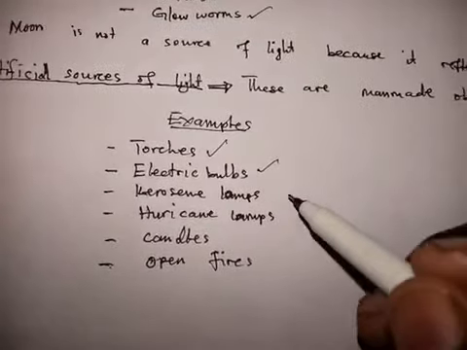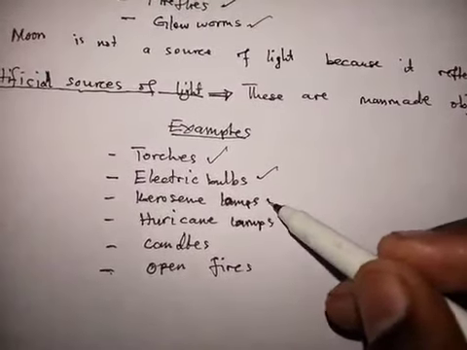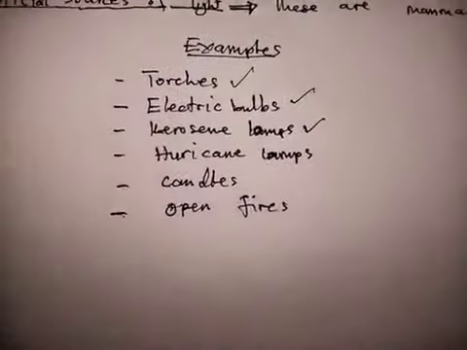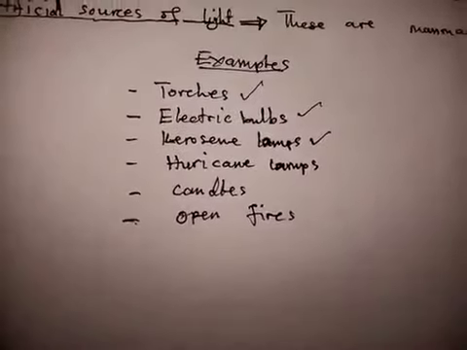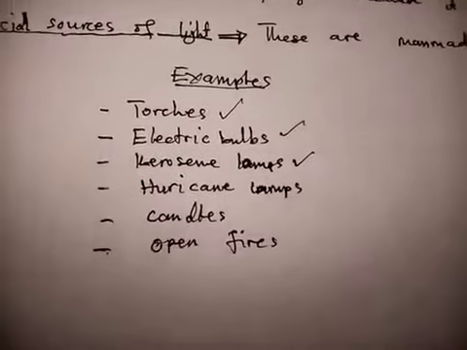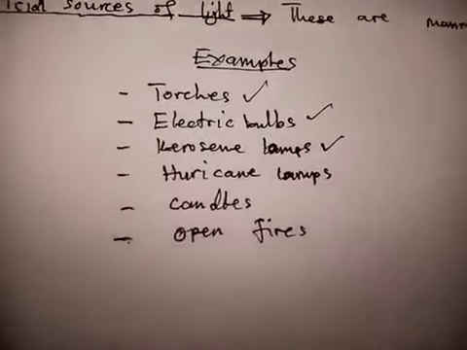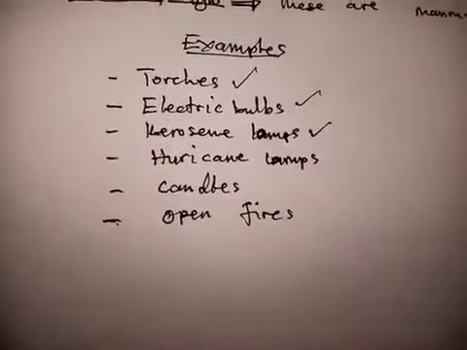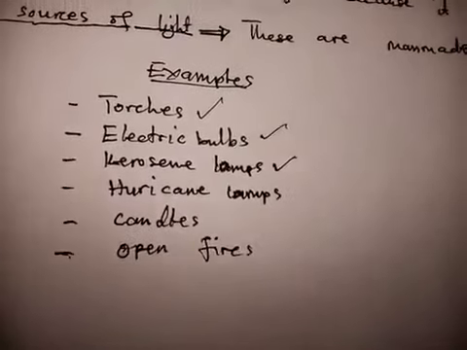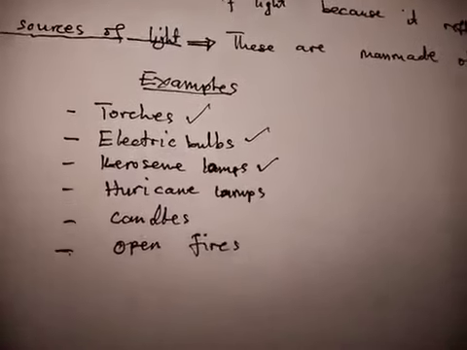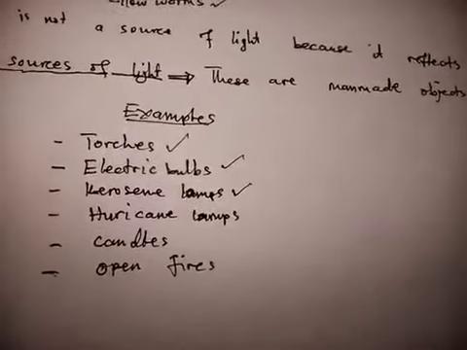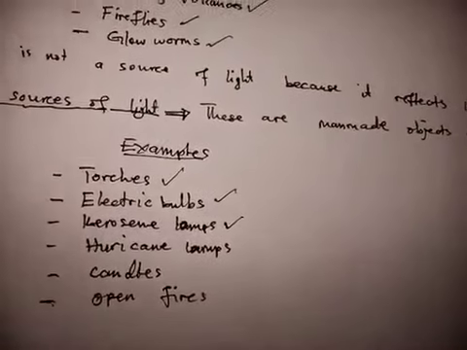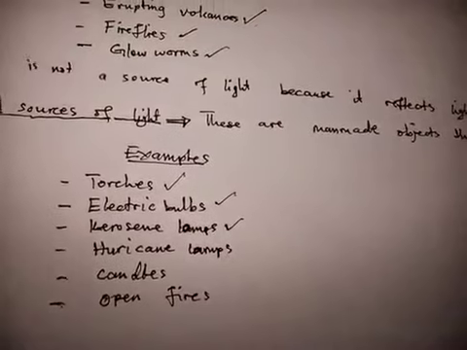Then we have the kerosene lamps. This is a local lamp which is called in most of the local languages in Uganda tadoba. That is called a kerosene lamp. Then a hurricane lamp also uses kerosene, but the source of light is covered with glass.